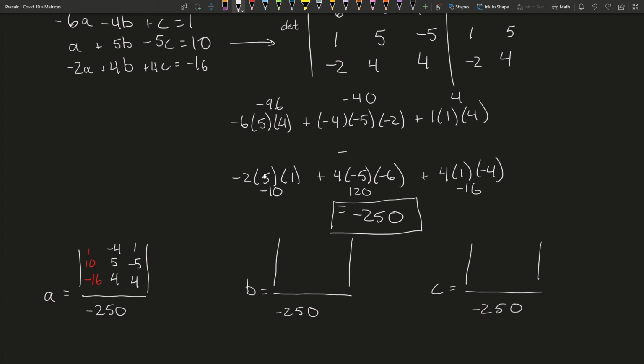For the B numerator, our matrix will be everything the same except our B column. Everything else will be the same.